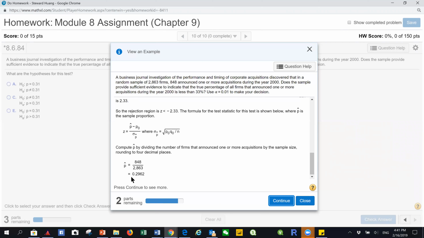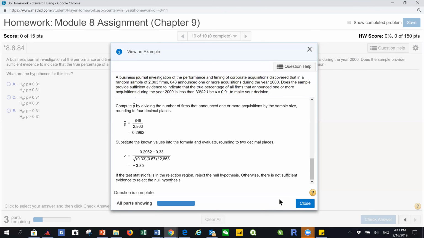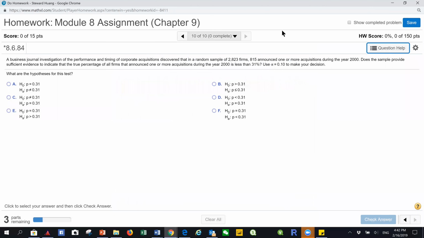And this is how you calculate the sample proportion, and use the formula, based on the sample proportion, to calculate the z. Okay, so this will be it.